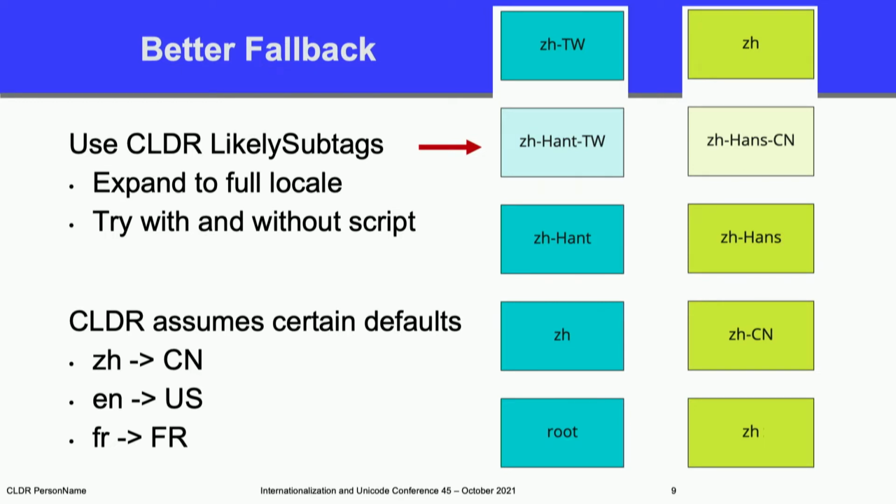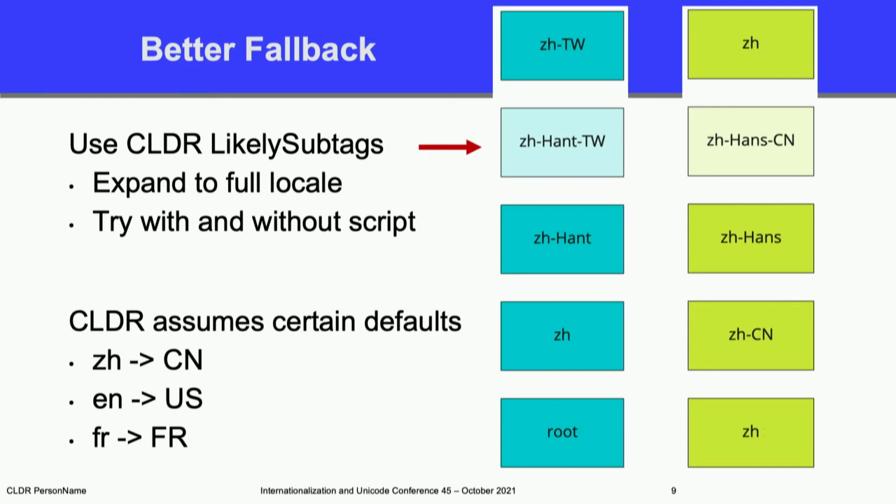So for instance, if you start with only zh, it does the likely subtags expansion into zh-Hans-CN, which then does the fallback that we saw before. And it also makes assumptions on the region. So it assumes that if you have just zh, the locale would be China.